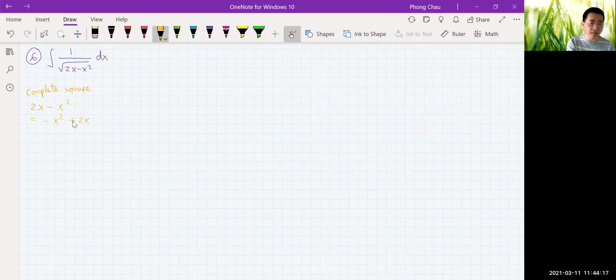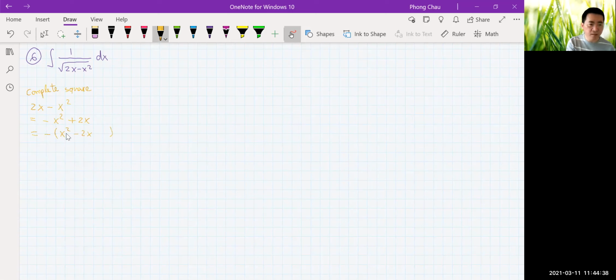So we write negative x squared plus 2x. One more thing is we need the leading coefficient to be 1. So I'll take out the negative, and we're left with x squared minus 2x inside.